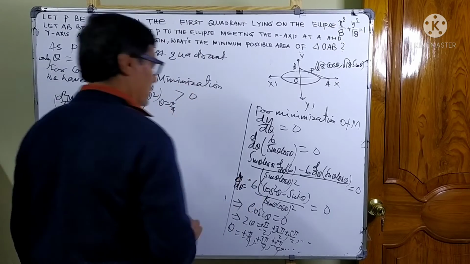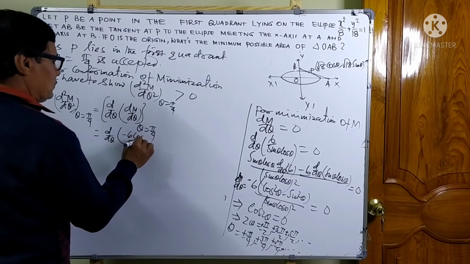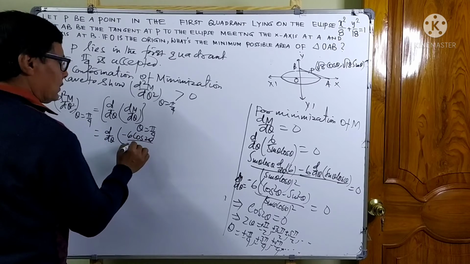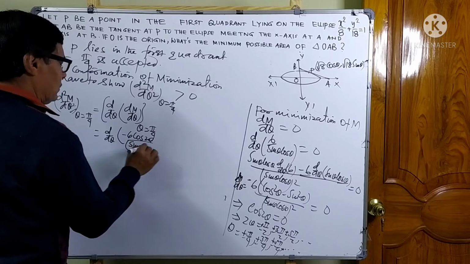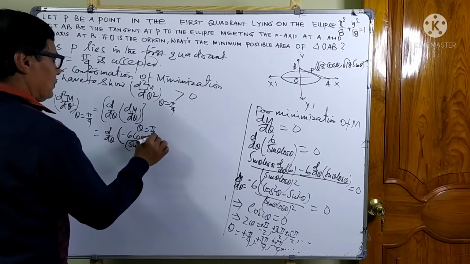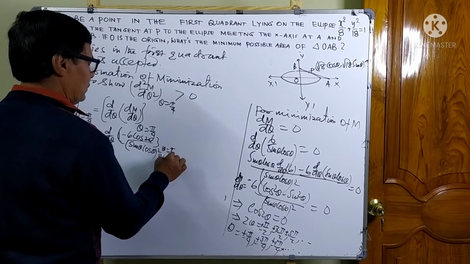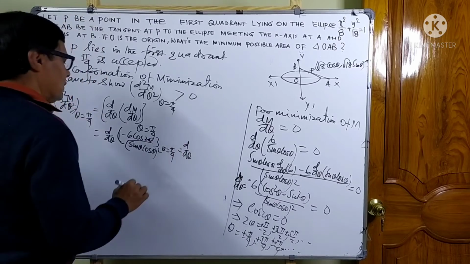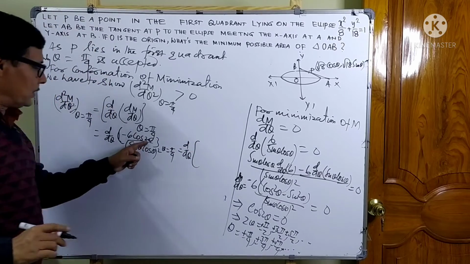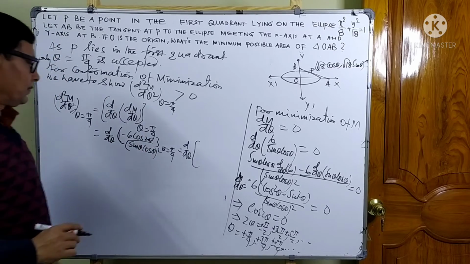This is dm d theta, minus 6 cos 2 theta over (sin theta cos theta) whole square, at theta equal to pi by 4. This is equal to d d theta of, we can multiply both numerator and denominator by 4.